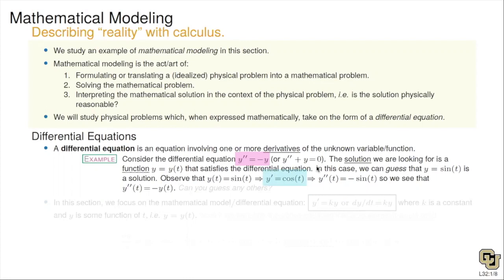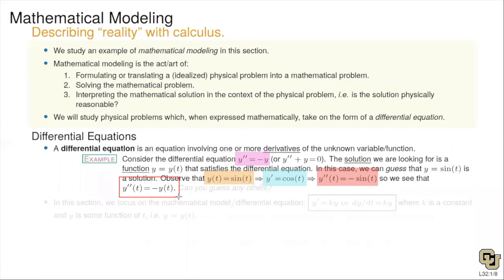And then I take a second derivative, so y double prime equals negative sine t. And now if we go back and look, well, sine t just equals y. So when we say y double prime equals negative sine t, what we're really saying is y double prime equals the negative of what we started with. y double prime equals negative y. So here, the function sine of t will be a solution to this differential equation.